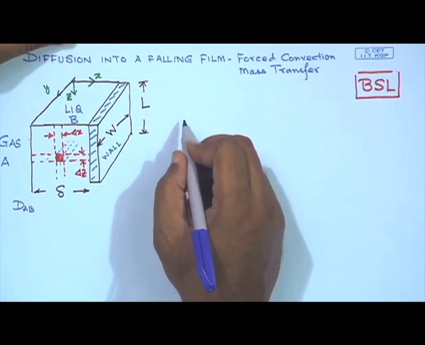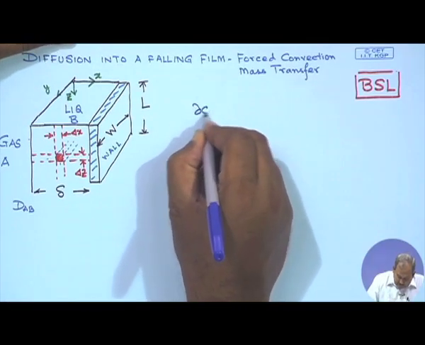So we will skip the requirement of defining a shell, identifying the mechanisms by which the species A enters the shell, and arrive at the governing equation.